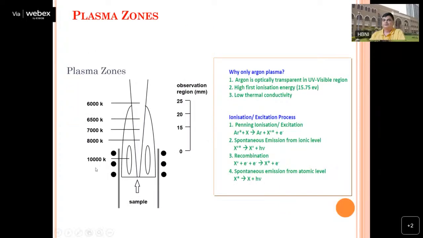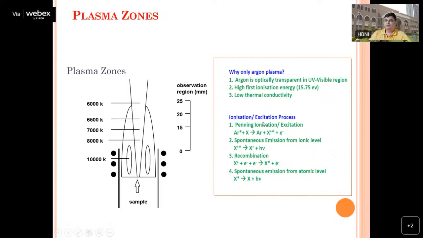Point: how the various temperatures are in the plasma. As I told you, why do we use argon? Because argon is optically transparent in both the UV and visible region, so there is no interference, and its first ionization energy itself is very high, that is 15.75 eV, and it has very low thermal conductivity.